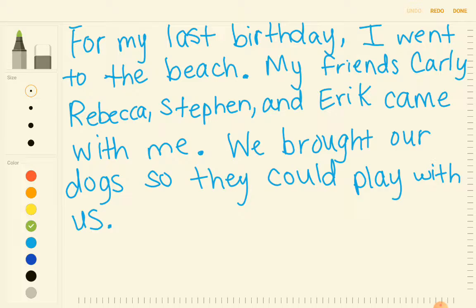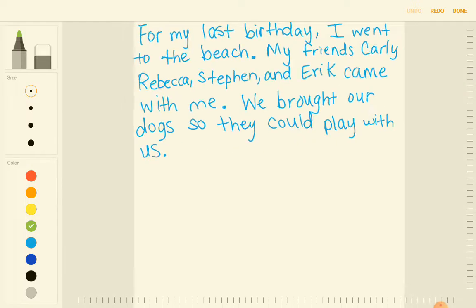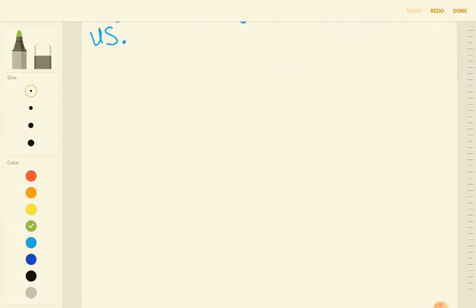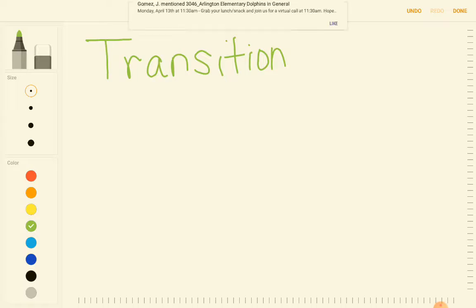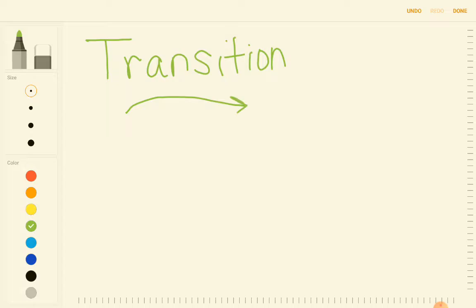All right, I'm going to choose a different color and I'm going to add on. I want to add some details and I'm going to use transition words to talk about these details. So I will write that because that's a big word, transition. Transition is moving from one place to the other or changing.